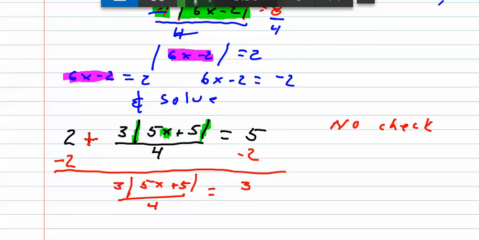I can divide both sides by 3. Doesn't matter which I do first. I'm going to multiply both sides by 4. I show the multiplication. Those cancel. And I get 3 times the absolute value of 5x plus 5 equals 12.